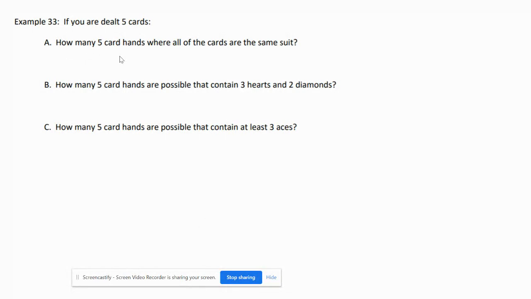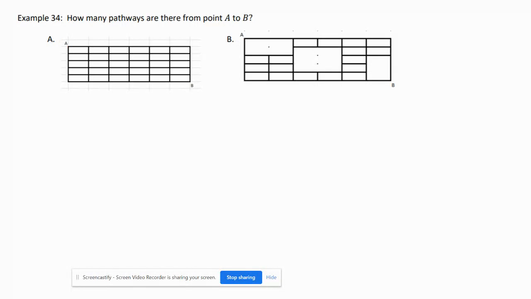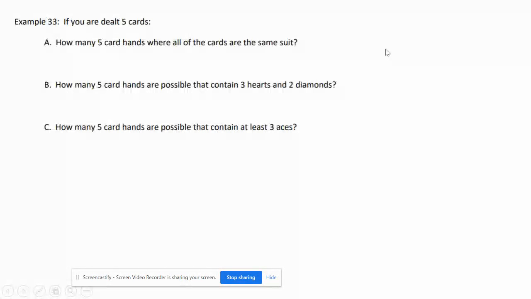More card questions over here. If you're dealt 5 cards, how many 5-card hands are there where all the cards are the same suit? Okay, so what this means is this would mean 5 hearts, or 5 diamonds, or 5 clubs, or 5 spades.